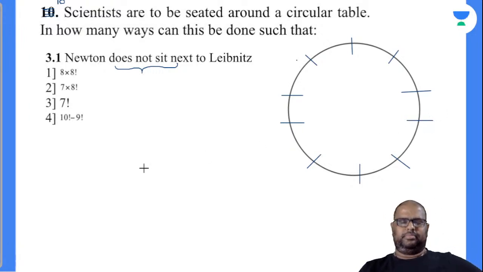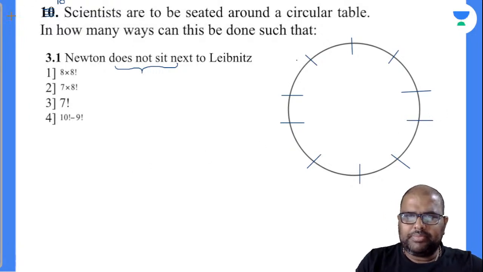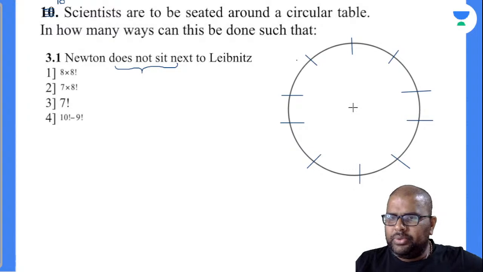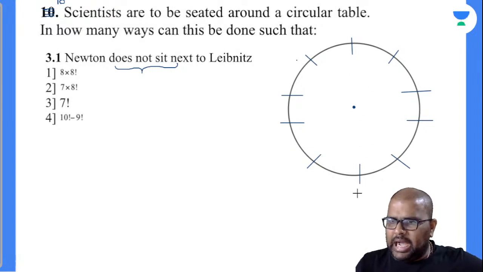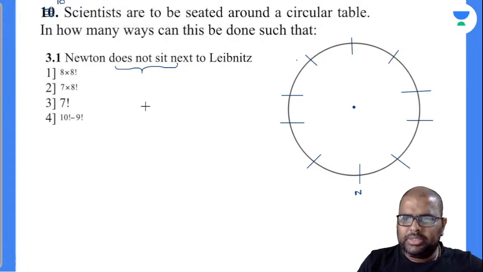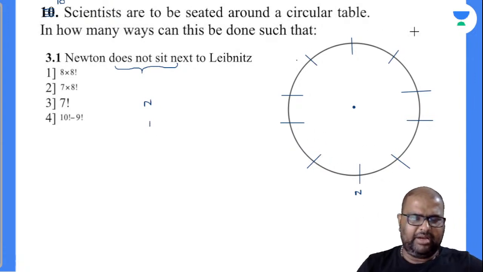Now closely observe, the point here is Newton must not sit next to Leibniz. First of all, on this empty circular table, I will make Newton sit. So Newton can be seated in how many ways? Only one way. Wherever you keep him, it will be only one way.